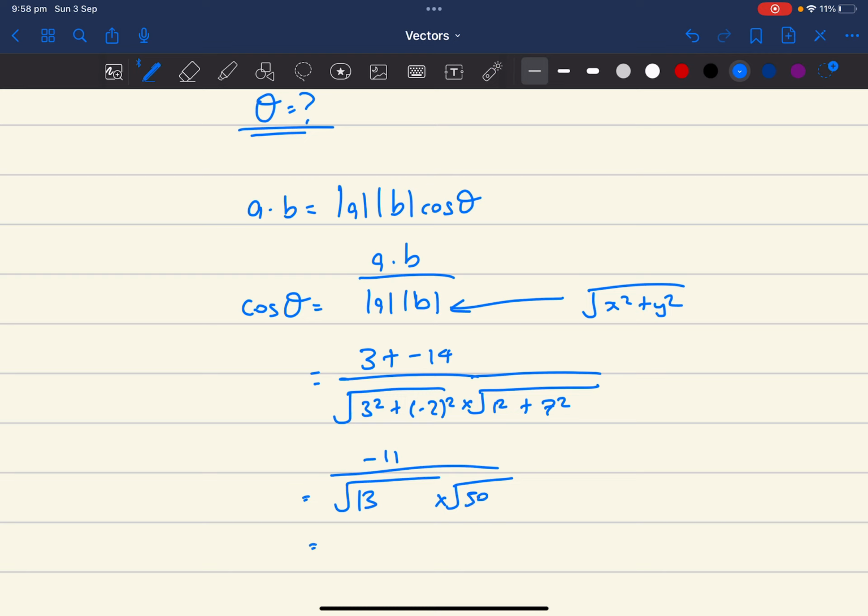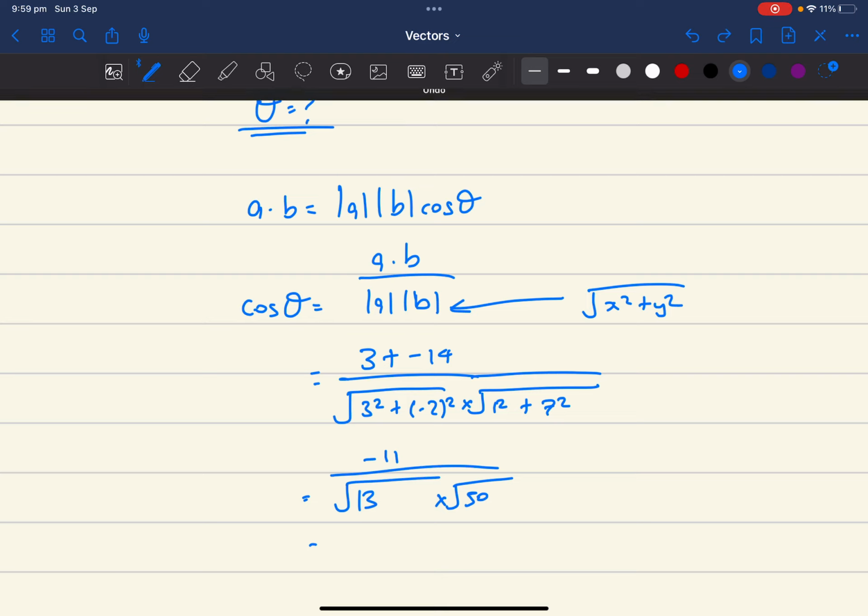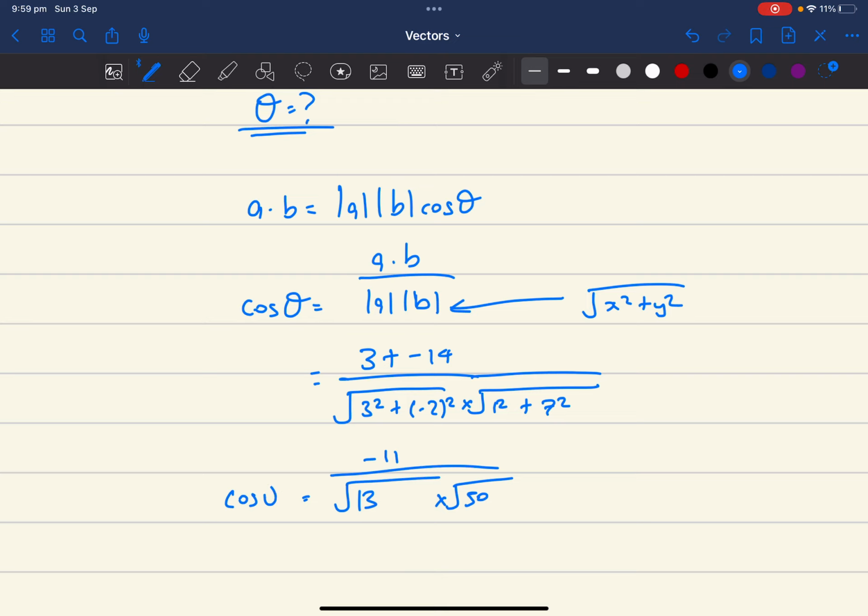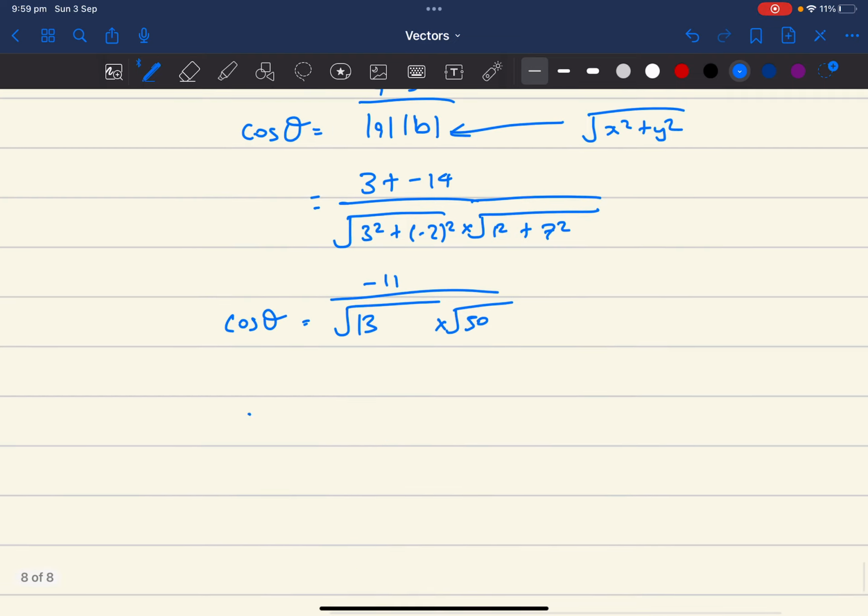Okay, so you can put that in your calculator to see what cos theta equals. We won't put it in our calculator yet. So theta just equals cos inverse of this whole thing, right? And if we put this into our calculator, just remember to keep it in degrees mode, not radians.